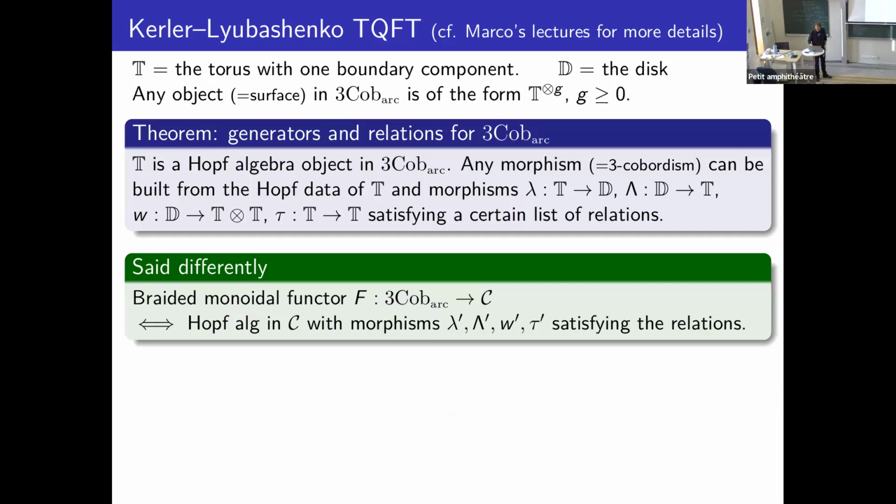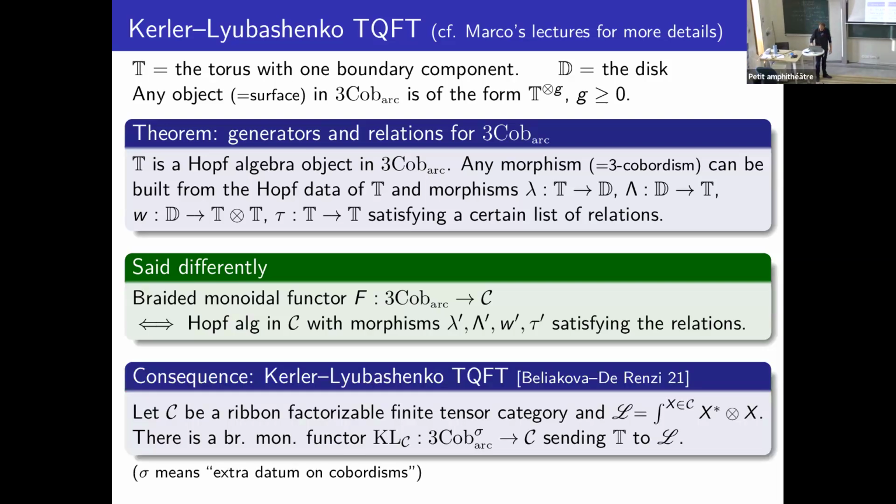Okay, so you have a complete classification of the TQFTs out of this category, and in particular, you have the Kerler-Lyubashenko TQFT. Which says, okay, if you have C which is ribbon and also factorizable, which is a non-degeneracy condition, then you get a TQFT by mapping T to the coend. So this is a modern point of view of the Kerler-Lyubashenko TQFT.